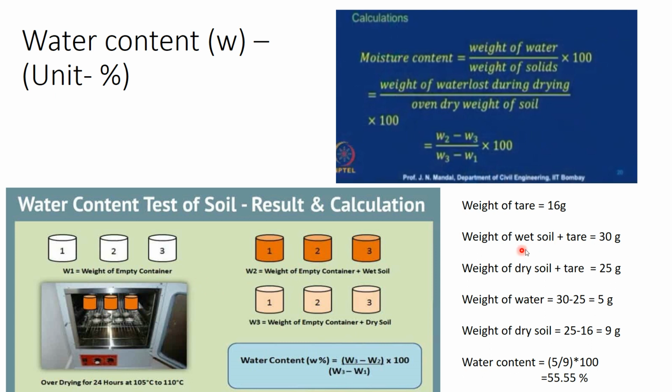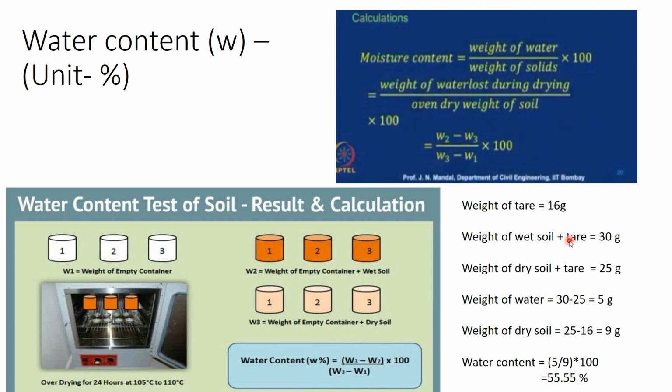Why I have mentioned it as a wet soil is, even if the field soil is going to be dry, it is not going to have a completely dry state. The soil has a tendency to absorb moisture from the atmosphere. That we call natural moisture content, NMC.